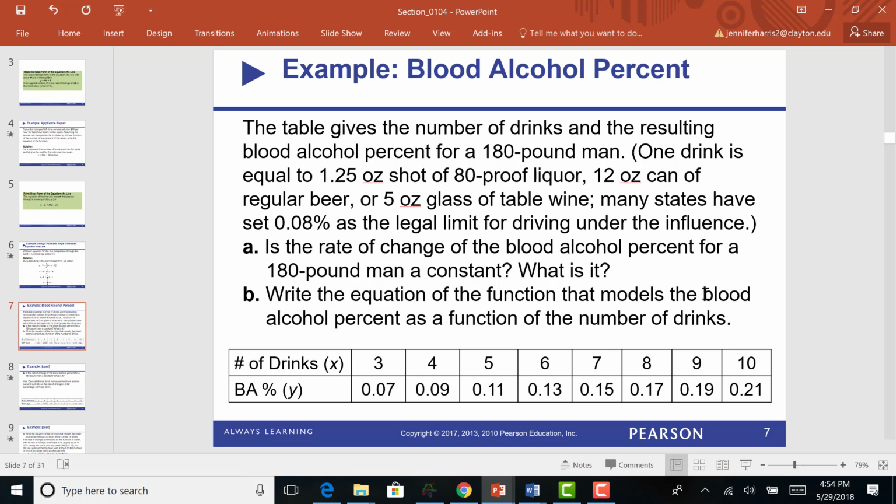All right, I've got y minus 0.07. Add what to both sides? Add 0.07 to both sides. I end up with y is equal to 0.02x. What's 0.06? That's a minus. Y'all check my math. Is that right? Negative 0.06 plus 0.07? Okay.